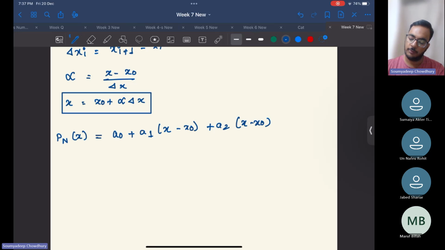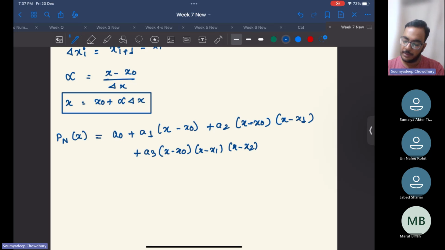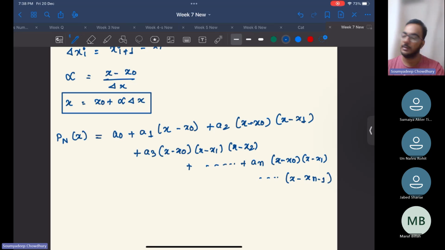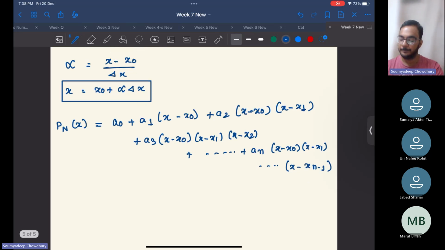Then we have a2 into x minus x naught into x minus x1, plus a3 into x minus x naught, x minus x1, x minus x2. Like this, we'll have up to n terms, right? So it will be basically an into x minus x naught, x minus x1, dot dot dot up to x minus xn minus 1. One value less, right?